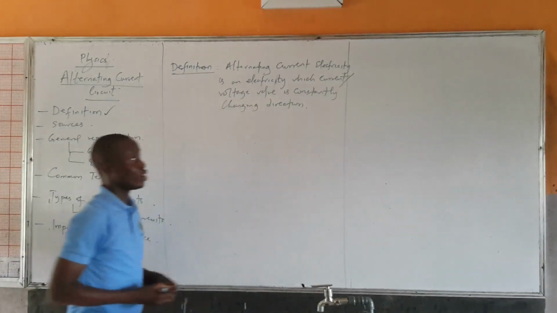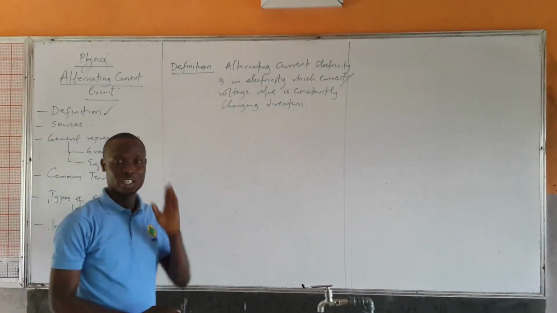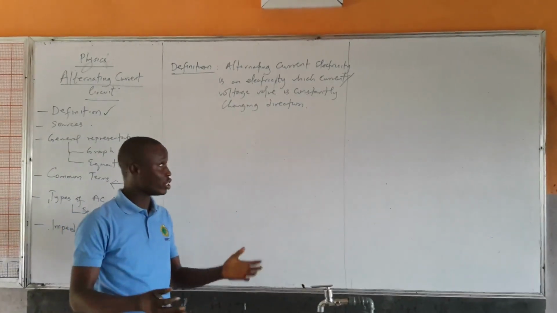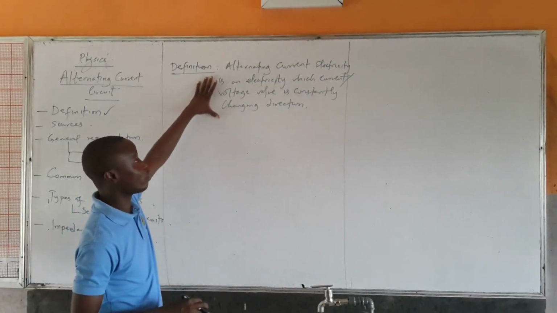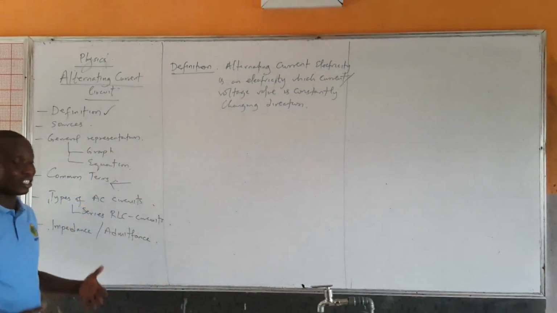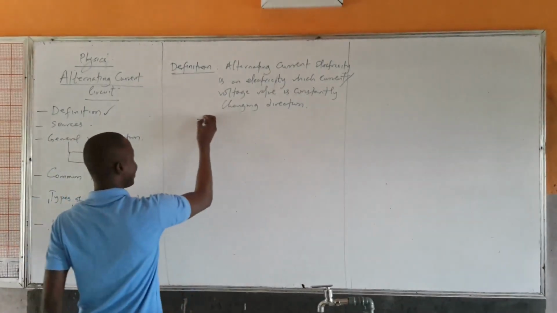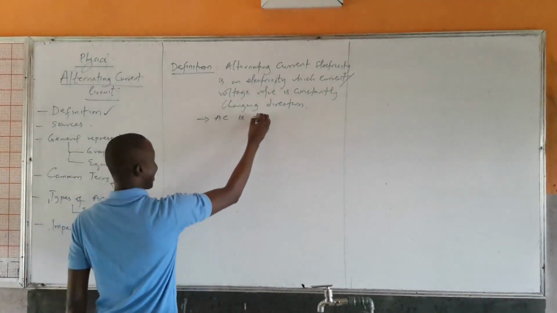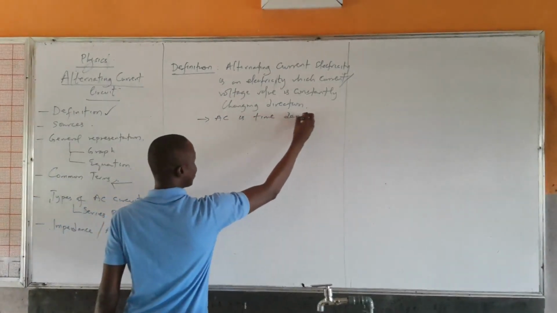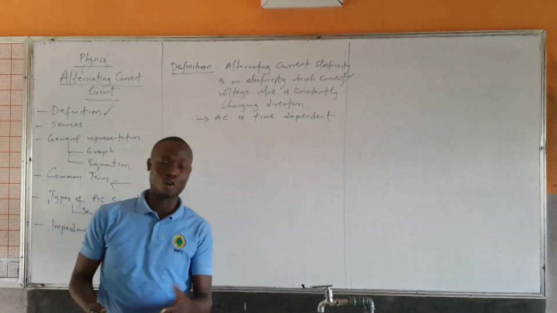For direct current, the direction of the current or the voltage is unidirectional, that is, it is not changing. But for alternating current, which is AC, the current and the voltage constantly change direction with time. So it is time dependent. AC is time dependent; that is, the value of the alternating current depends on time.